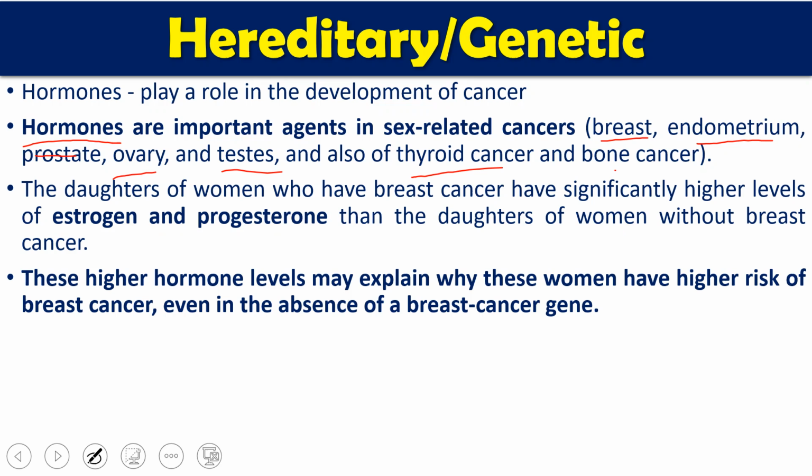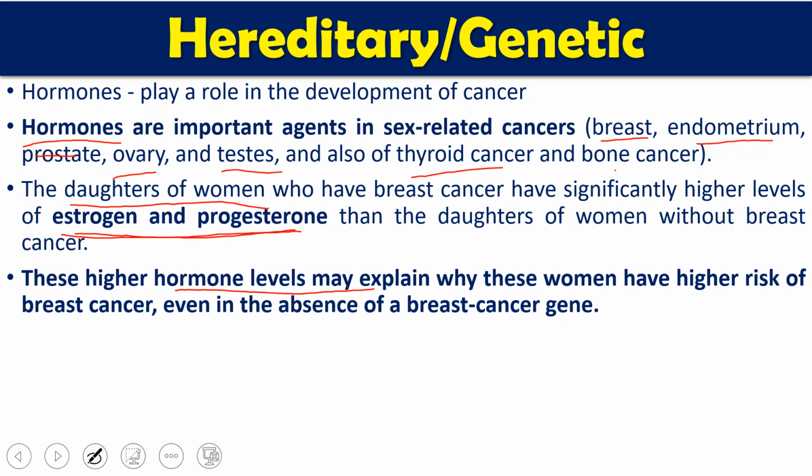Some work has been done on the daughter of a woman who already had breast cancer. In the case of the daughter of that particular lady, we will have high levels of estrogen and progesterone. This high level of estrogen and progesterone makes that girl more at risk, you can say susceptible, for any kind of cancers.